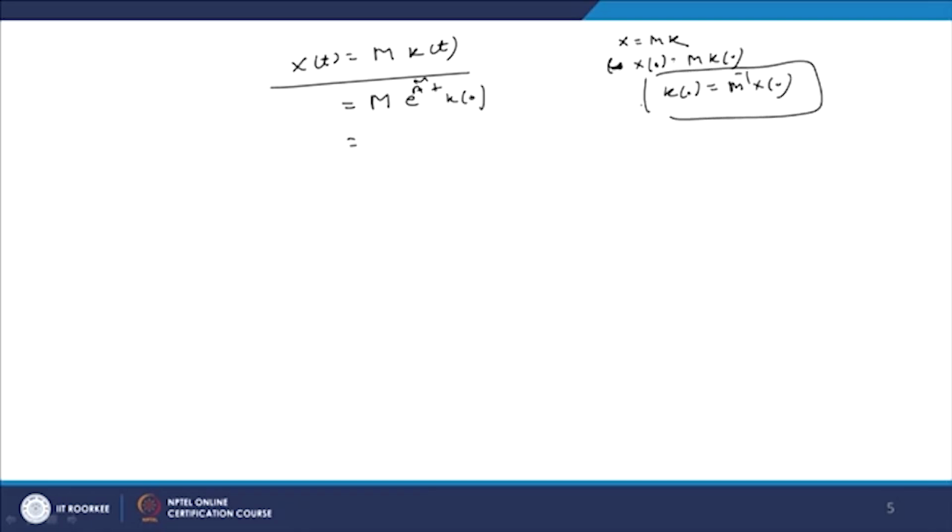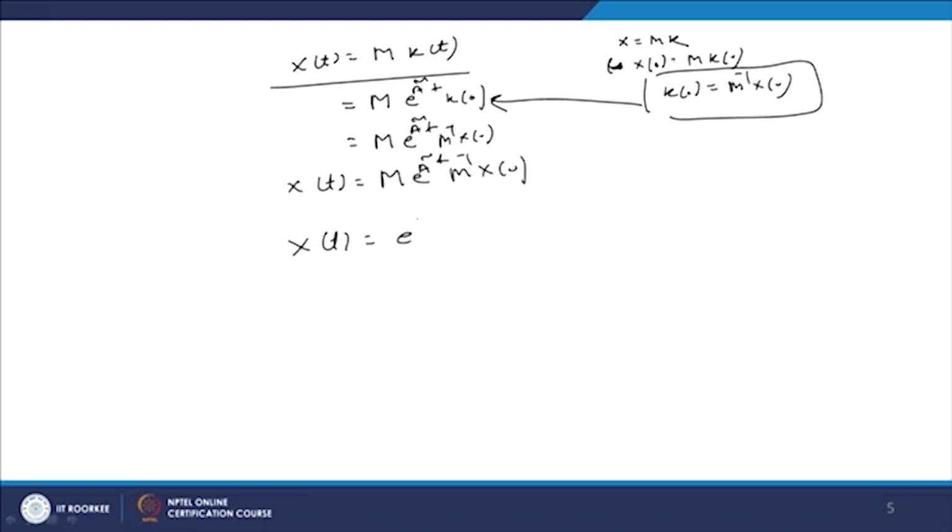So here we replace k of 0 with M inverse into x of 0. So we can write down x of t equals M e raised to A bar t M inverse into x of 0.